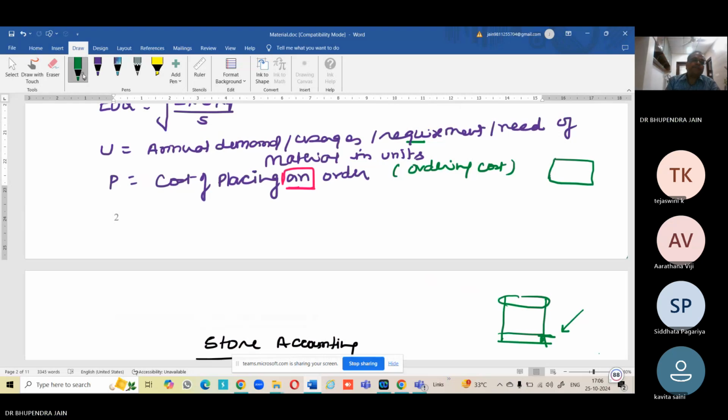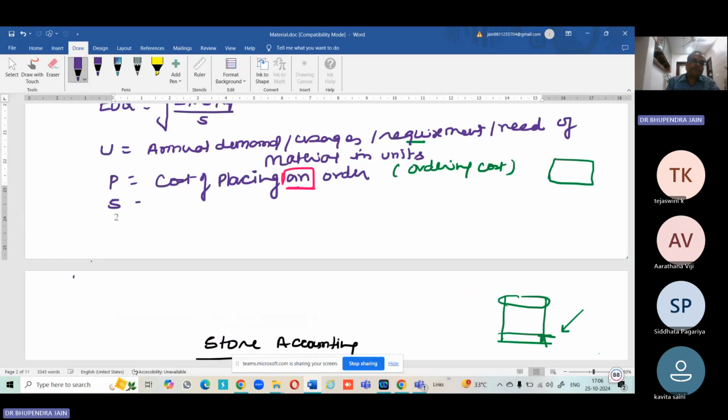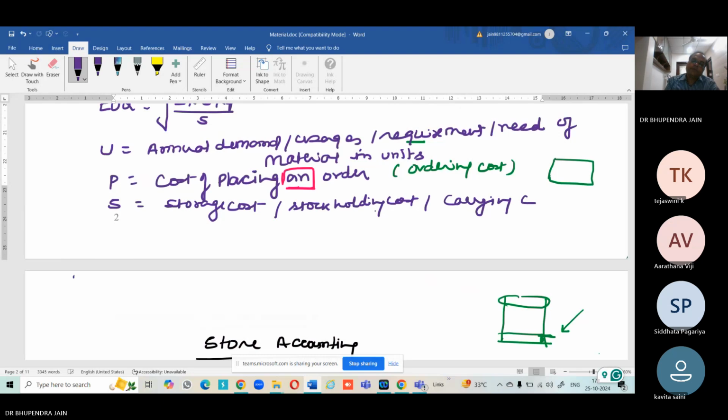And now S stands for storage cost, stock holding cost, or carrying cost per unit and per annum.